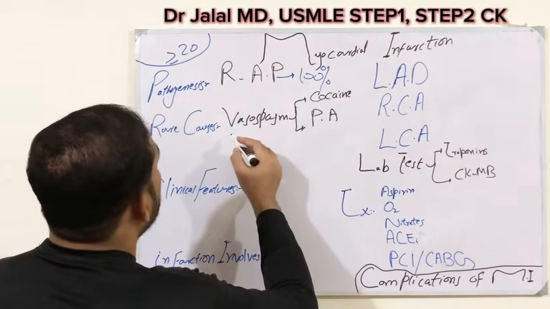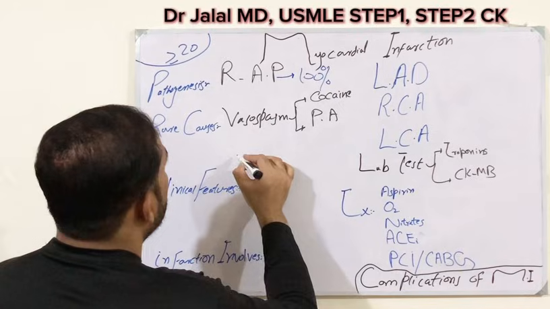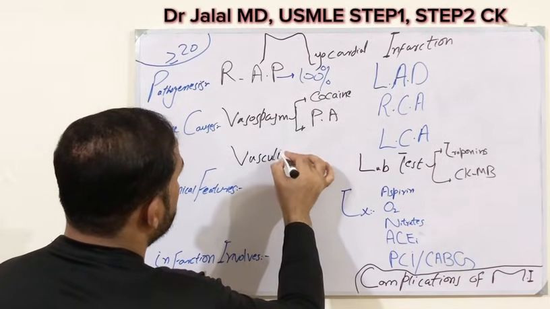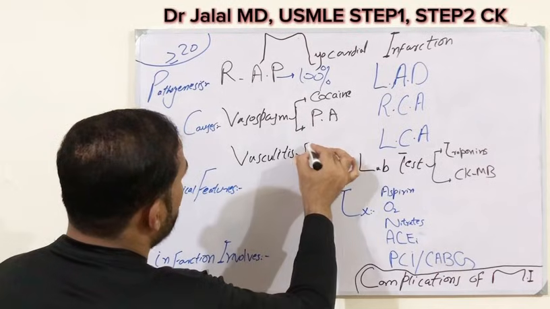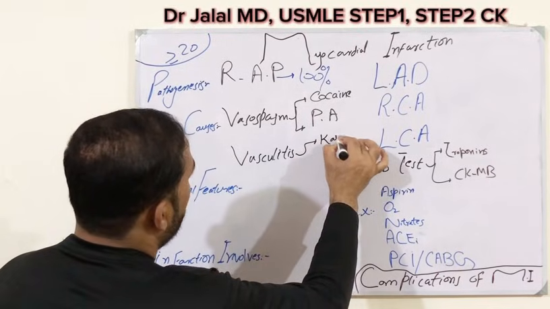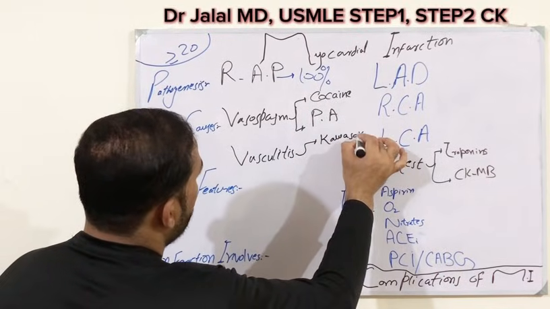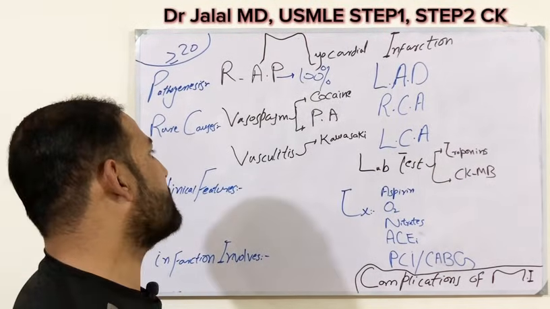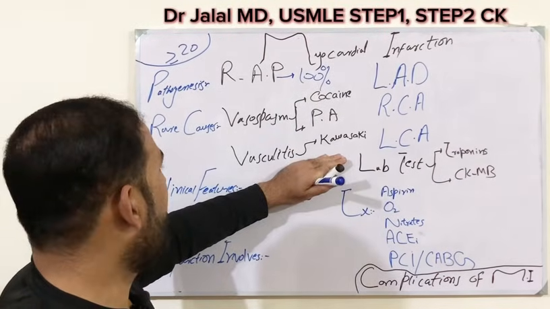Another rare cause of myocardial infarction can be vasculitis, such as Kawasaki disease. Kawasaki disease can cause MI in children. This is one of the rarest causes of MI in children.